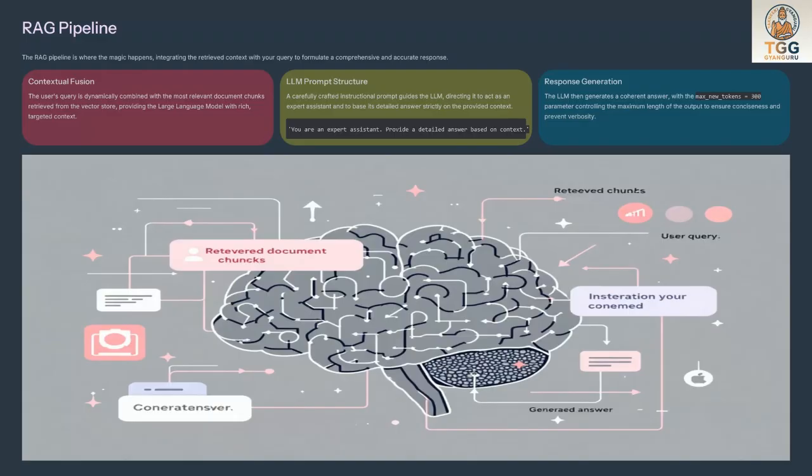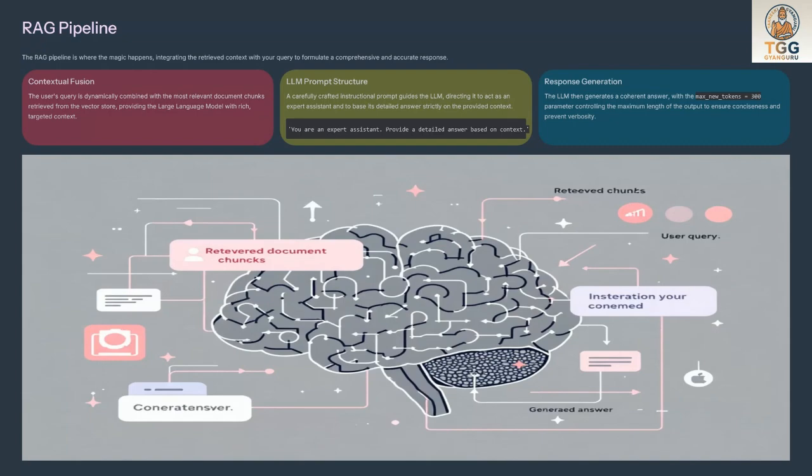Now let's discuss the RAG pipeline. In the RAG pipeline process, we start by taking a query from the user. The query is then converted into an embedding. We use this query embedding to search through our chunked embeddings to find the most relevant results.